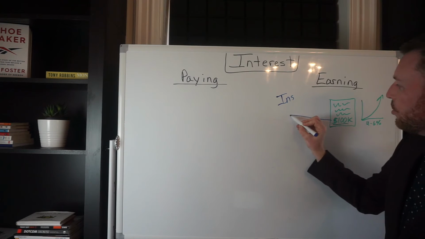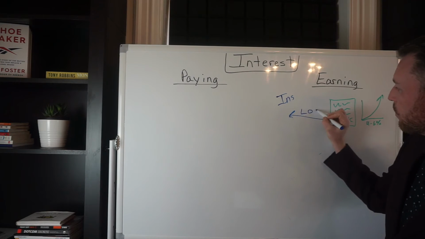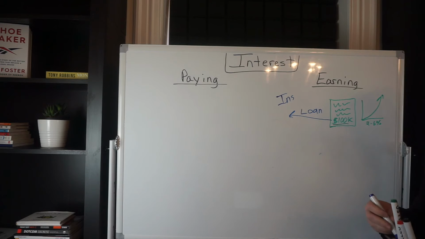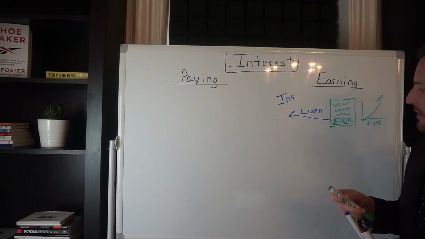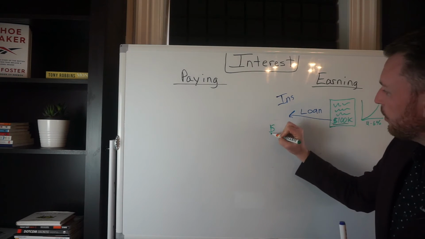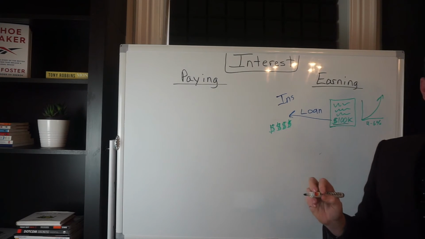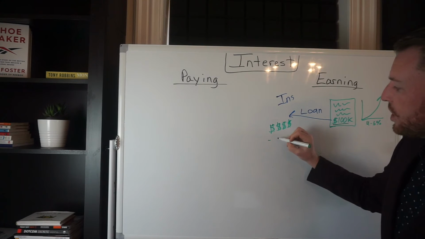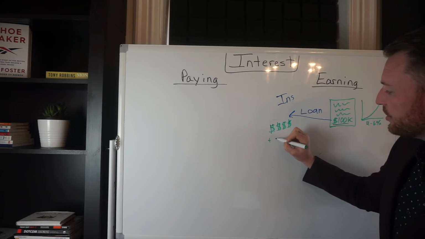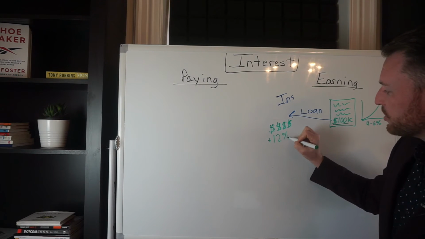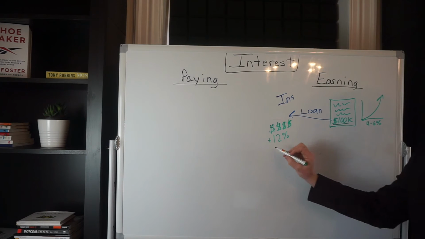So if we take a loan from the insurance company, now we can grab that same amount of cash out and make a spread on it. We can make an investment. Maybe we want to buy that piece of real estate. And maybe that piece of real estate we know is going to give us a positive spread of, let's call it 12%. That's going to be our return, right?